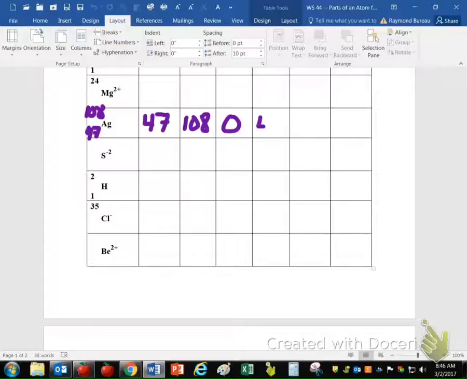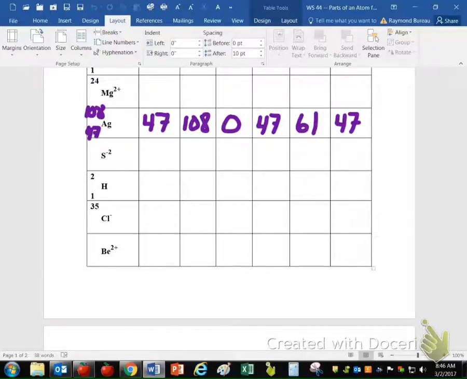Protons 47. Neutrons. Ooh, what do we do? Ivan, what do we do? Subtract is right. That is 61. Electrons. There's no charge. So it is 47. Well, you're not adding 0, you're not subtracting anything. So you're either adding or subtracting 0, I should say.